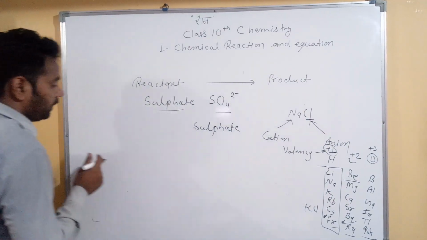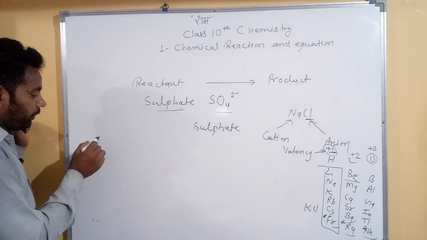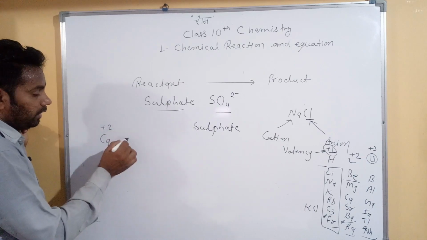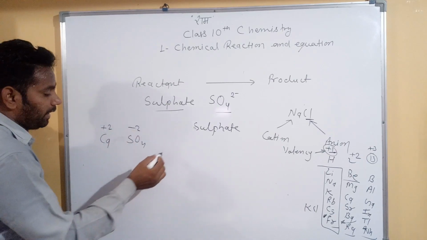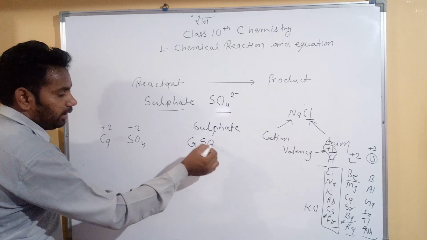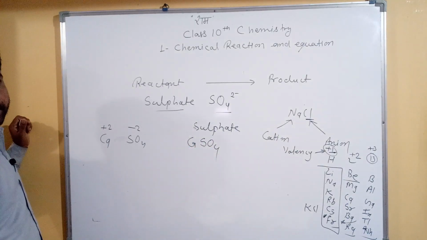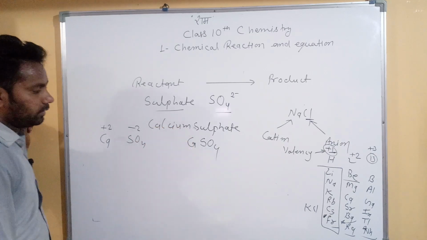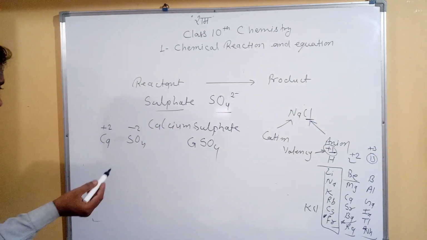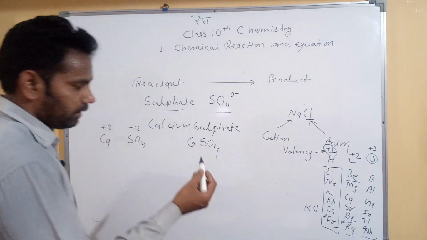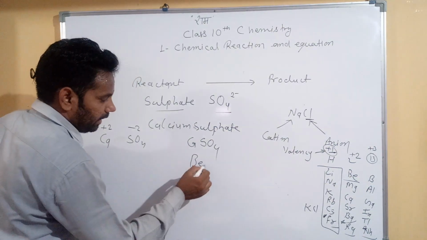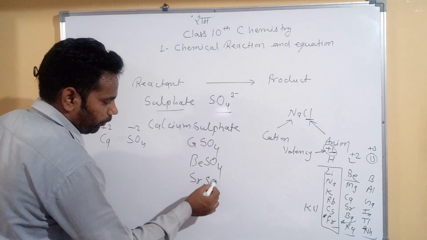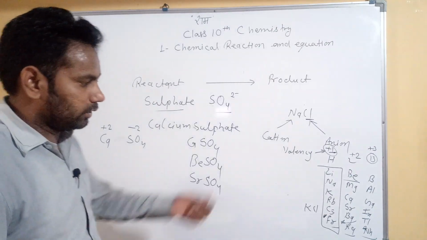Ca is +2 and SO4 is -2, so the formula is CaSO4. Then beryllium sulfate, again the same, BeSO4. If I want strontium sulfate, SrSO4. So it's very easy for the second group.